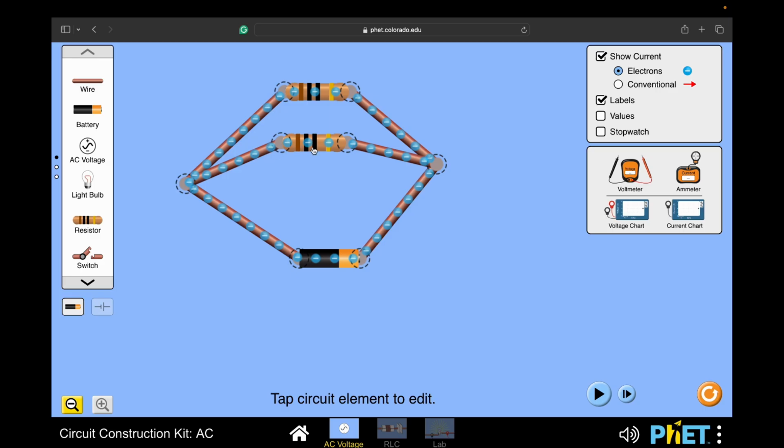Obviously, the current will want to go down the easier path. So the big picture is that in parallel circuits, there's the same voltage in this little loop over here. The total voltage over here minus the total voltage over here has to equal 0. And the currents split at these junctions, and the junction rule ensures that they add up correctly.